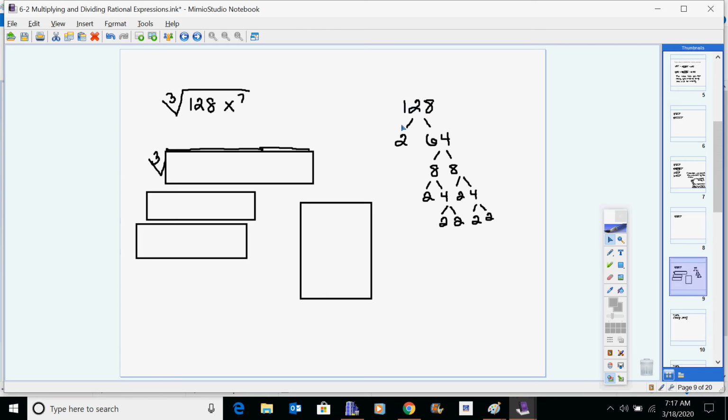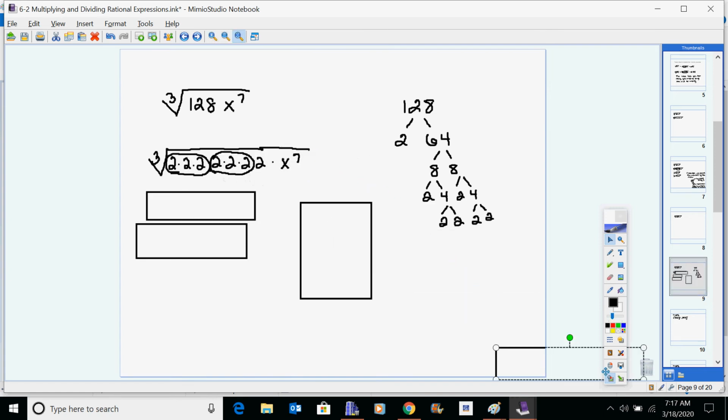Here we have 128. When you factor it, we get a whole bunch of 2's. 1, 2, 3, 4, 5, 6, 7 of them.